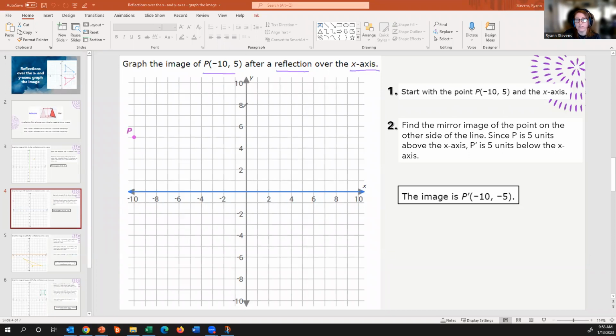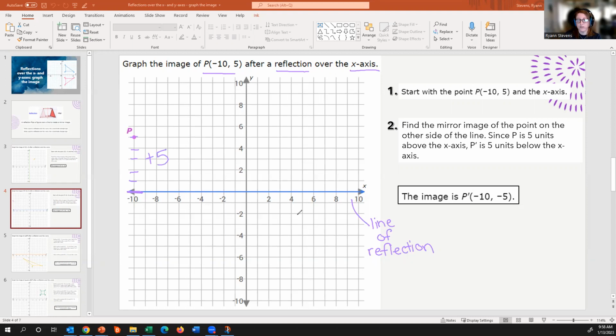So now instead of having that line of reflection as a vertical line, we're going to have a horizontal line of reflection. And then what we want to do is see, okay, since this is our line of reflection, how far away is P from that line of reflection? And we'd say, okay, 1, 2, 3, 4, 5 places. We're going 5 places up.